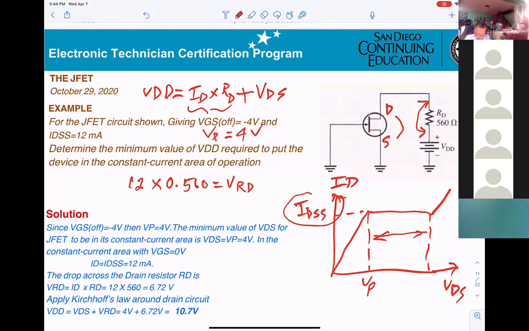So the minimum they are asking for, VDS must be equal to VP, and VP equals 4 volt. So you calculate the VRD, then add 4 volt for the VDS, which gives you the voltage of the power supply equal to 10.72 volt.